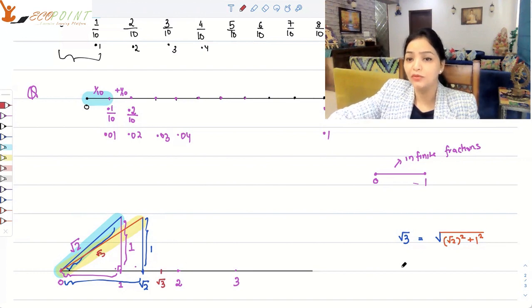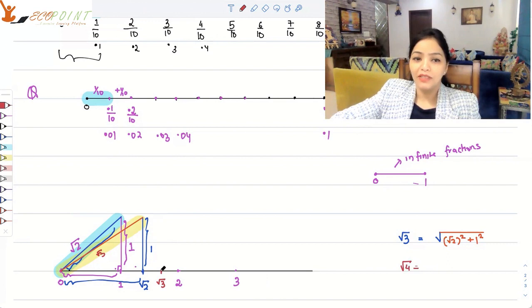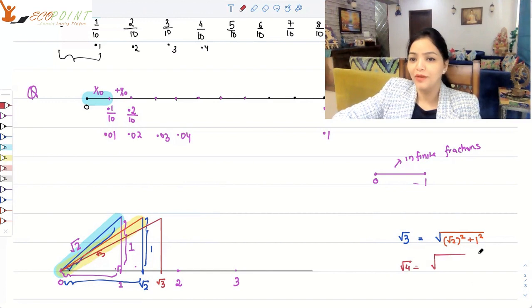When it would be √4, imagine what is happening. You are picking up from here √3, height 1, and the hypotenuse would become √3 squared, that is 3 plus 1 squared, and that's √4, which is 2.